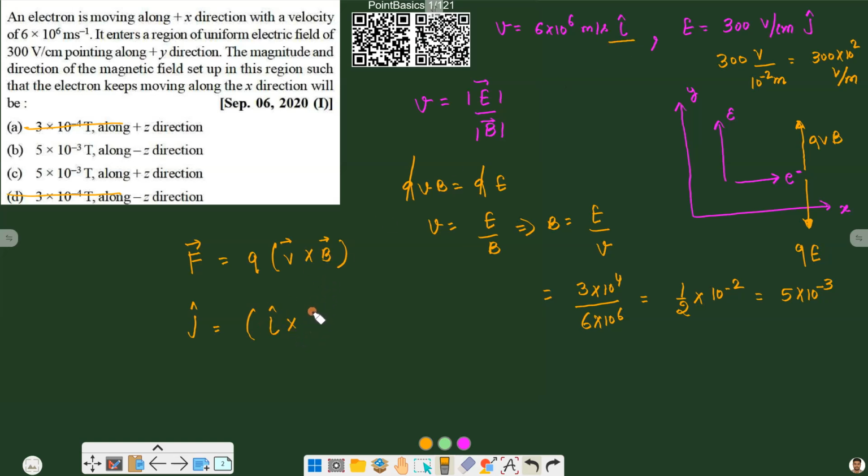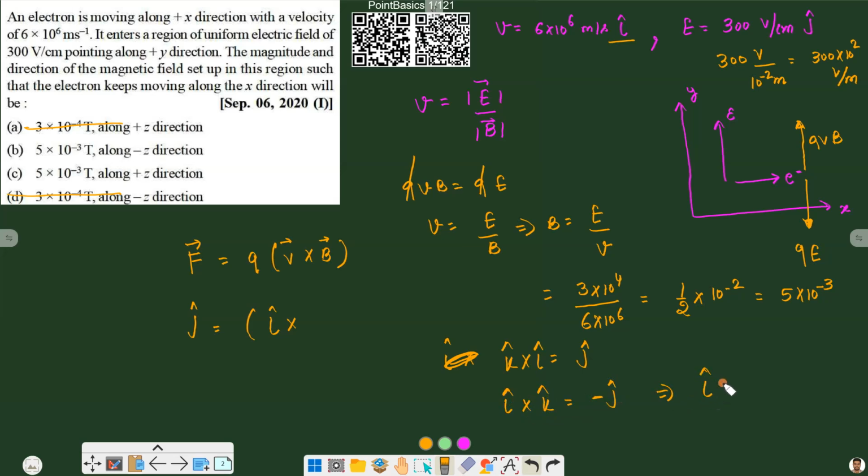Now we have to decide the value of B such that i cross that value we get j. And we know that k cross i is equal to j, and if we write i cross k, it becomes minus j.